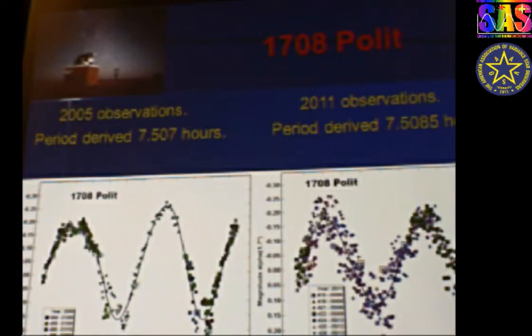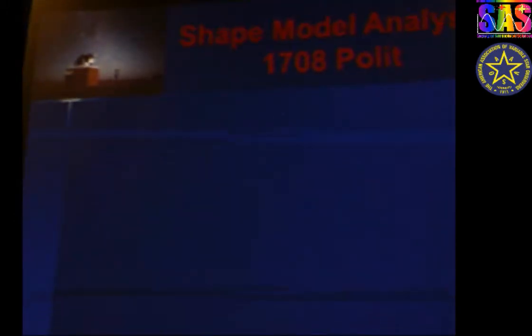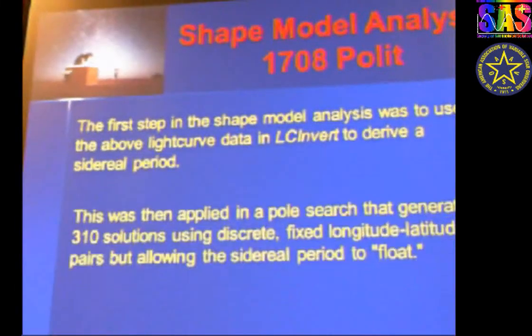As well as the general light curve, there are some differences, which is what we would hope for, because that's what we'd need if we're going to try and model the shape. We want to see some differences because now we're in a different part of the orbit of the asteroid around the Sun. So the next step then was to use Brian Warner's LC invert to try and invert these light curves into making out a shape model.